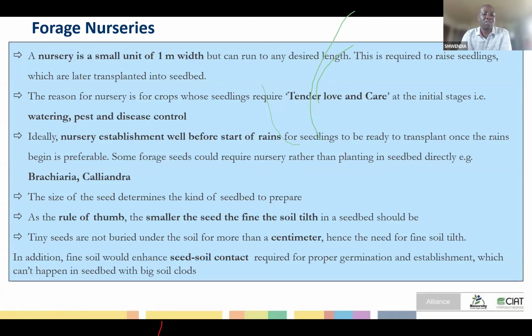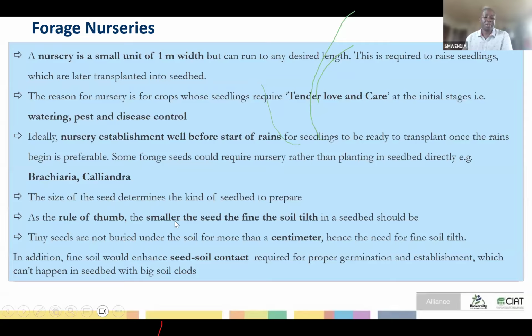So ideally, nurseries, as I've said, should be well ahead of the beginning of the season, so that when the season comes, you can transplant directly, and that will save you time. Because once you establish correctly, your grass should just continue flourishing and thriving and developing the roots. For example, you can put in a nursery Brachiaria or Eurochloa or even Calliandra seeds, so that when the rain comes, you already have material that you can transplant directly to the seed bed.